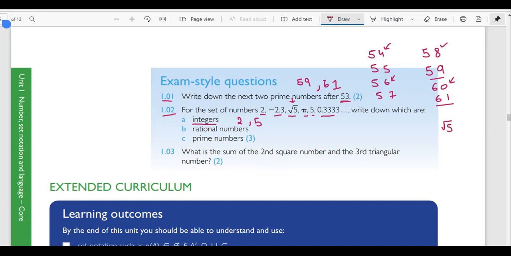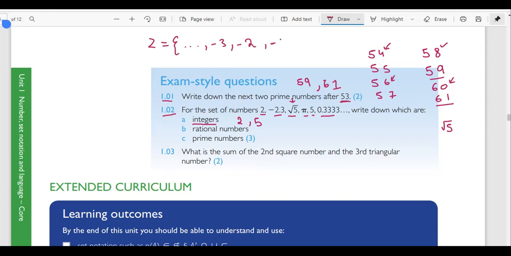Positive whole numbers, yes. Positive integers, but we may have negative numbers as well, only whole numbers, right? This is the set of integers. We are going to have all the negative whole numbers like -3, -2, -1.